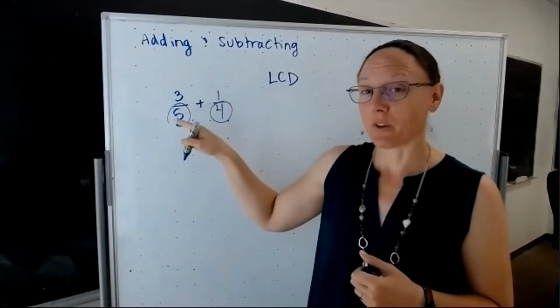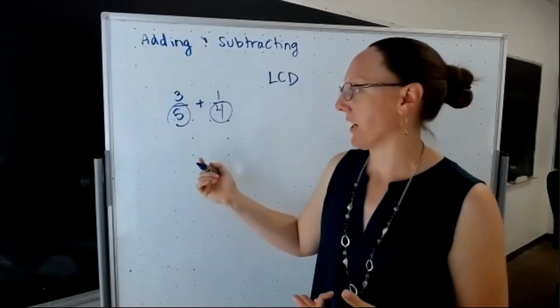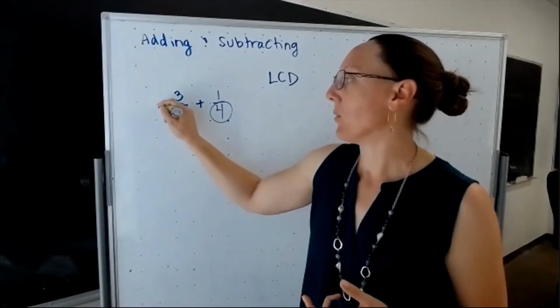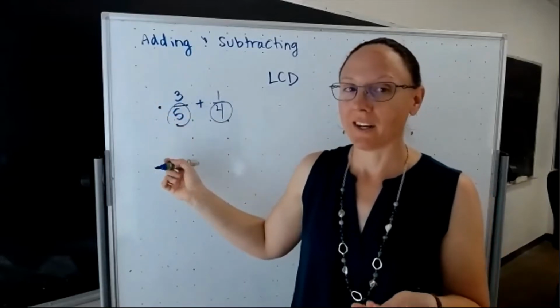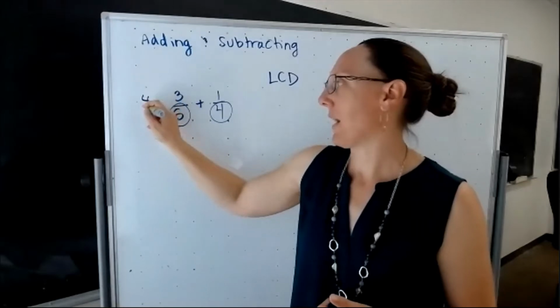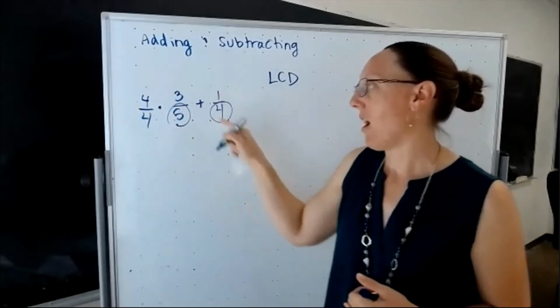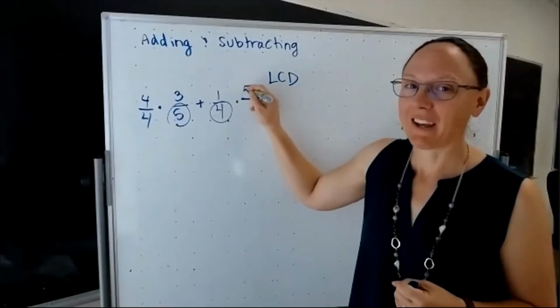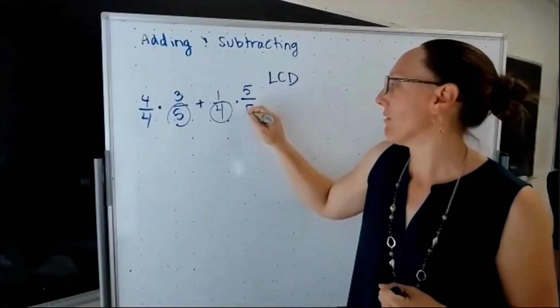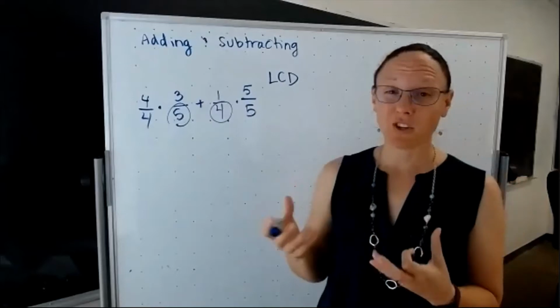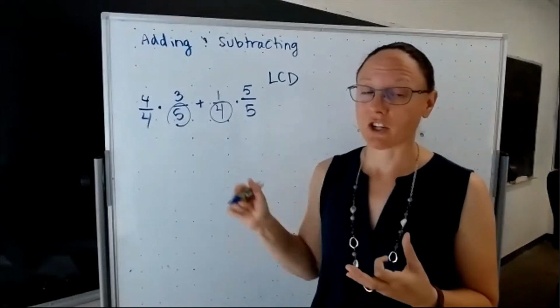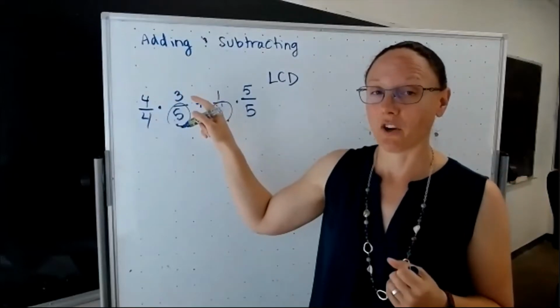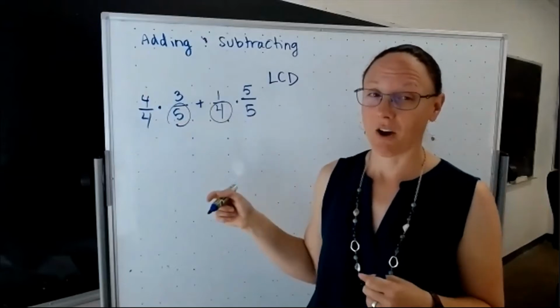So I want to think about 3/5 as its equivalent fraction by multiplying creatively by 1, and the 1 I'm going to multiply by is 4/4. On the 1/4 side, the 1 I'm creatively multiplying by is 5/5. Now I'm just using our multiplication rules for fractions, going straight across on the numerators and straight across on the denominators.